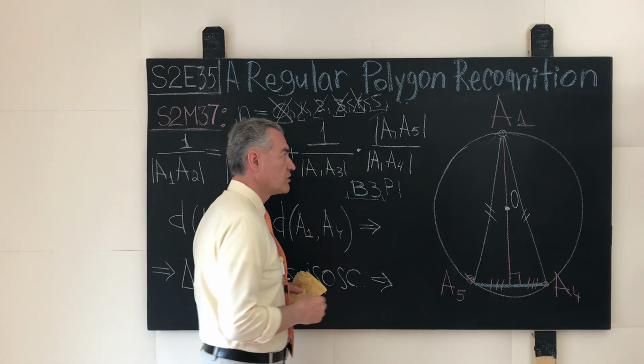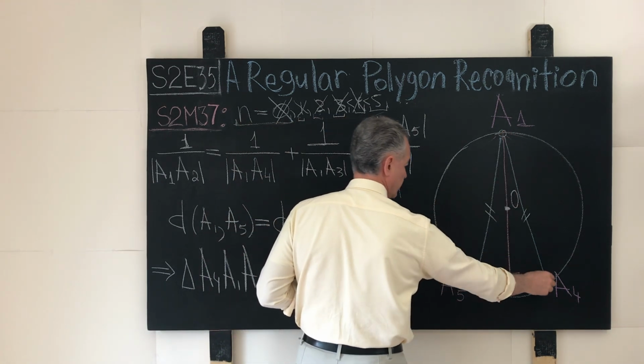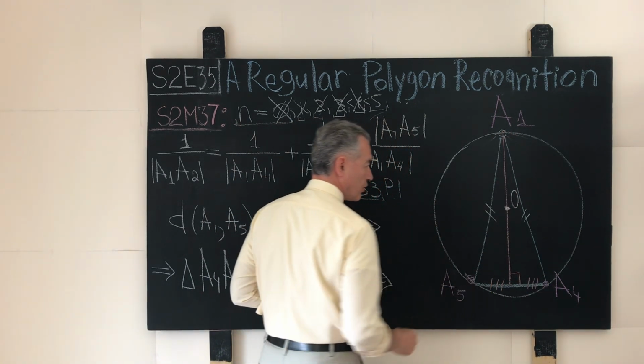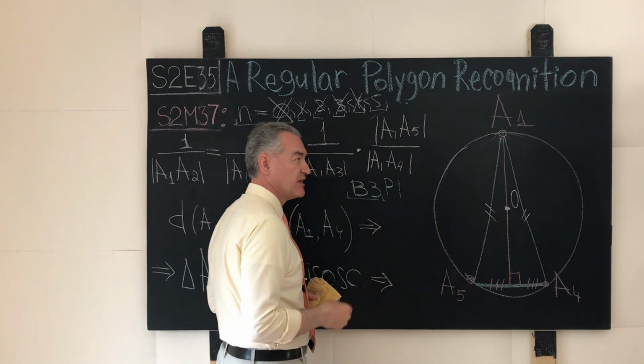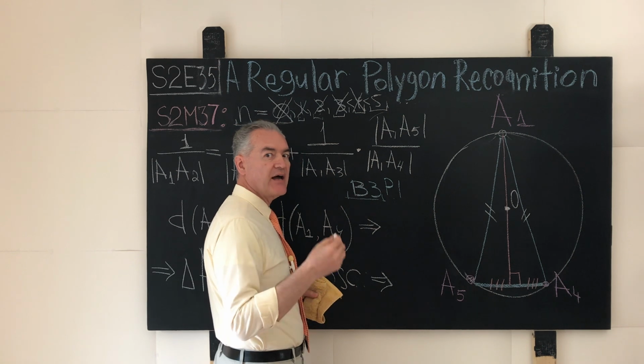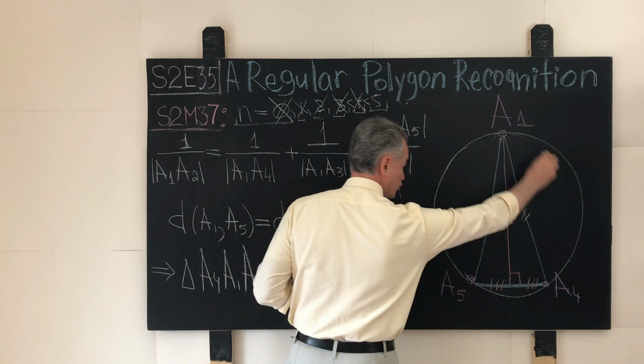If the height of our isosceles triangle A1, A5, A4 contains the center of the parent circumcircle, that height plays the role of a diameter of that circumcircle.